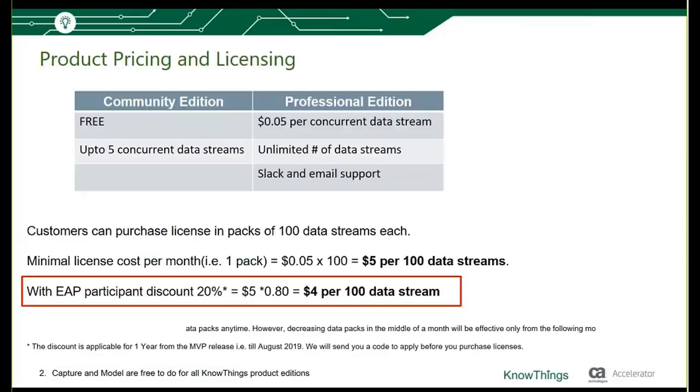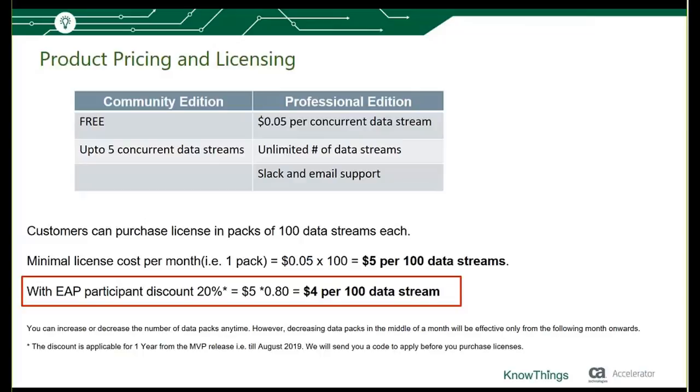So when we released the product, we came up with two editions. The first one is something that's been available on preview for a while. It's called Community Edition. This is absolutely a free product where you have the ability to download and play with it, with a restriction of up to 5 concurrent data schemes.